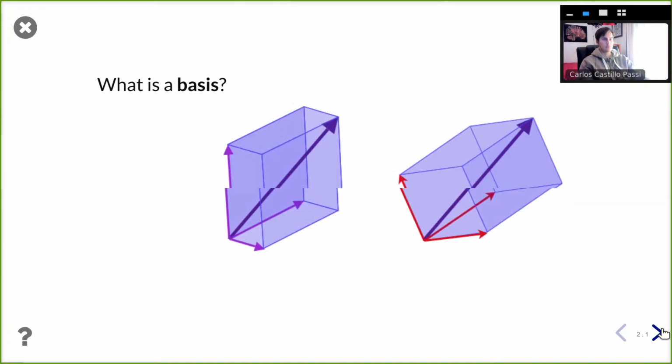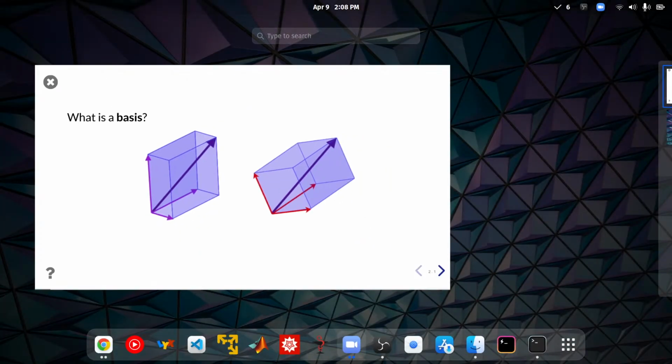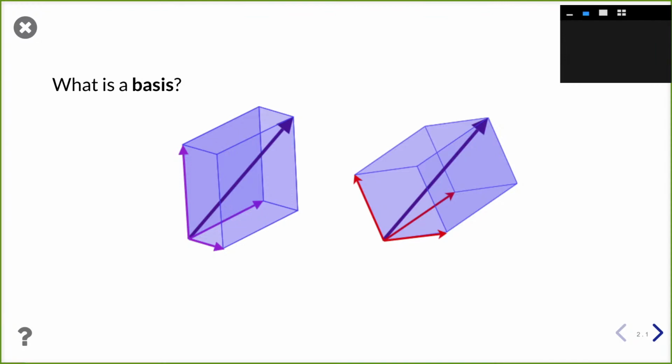And first of all, let's start with what is a basis. A basis is defined by two properties. Do you know the properties? So first, the vectors have to be linearly independent.